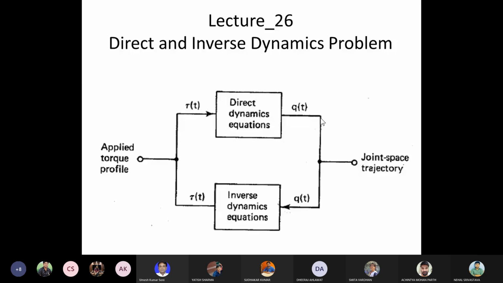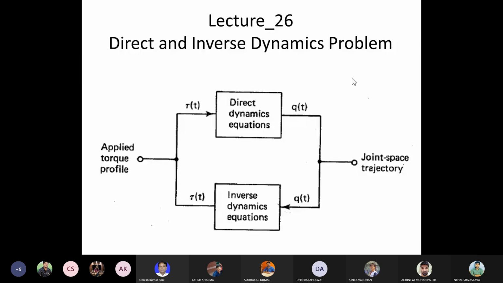Okay, so suppose you have a certain specified joint space trajectory. What should be the required torque for that? Here we apply the torque and see that the joints are moving in a certain space trajectory. Joint 1, joint 2, joint 3 have certain variations with time. All the joints are moving in a space and they are making an envelope.